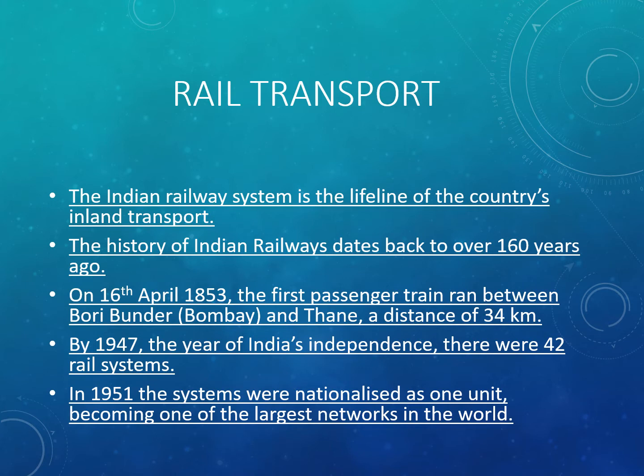On 16th April 1853, the first passenger train ran between Boribandar, then Bombay, and Thane, a distance of 34 km. The 14-carriage train was hauled by 3 steam locomotives, the Sahib, Sindh, and Sultan.